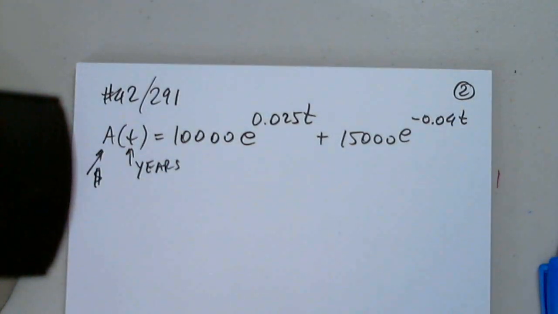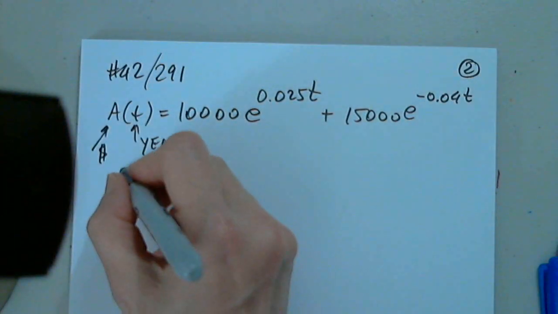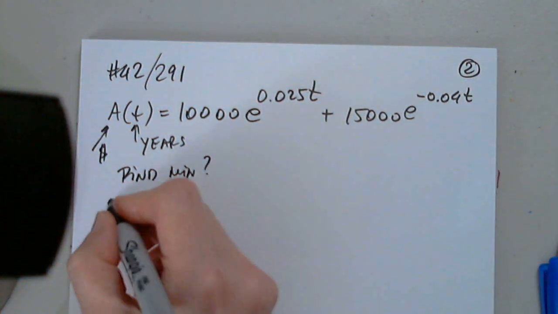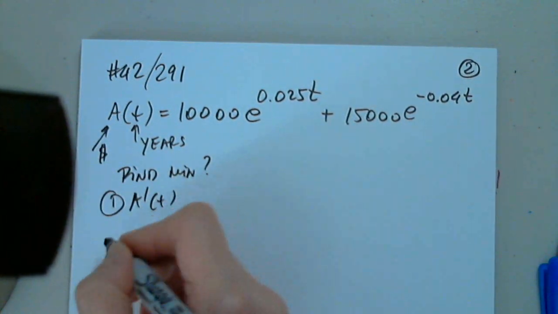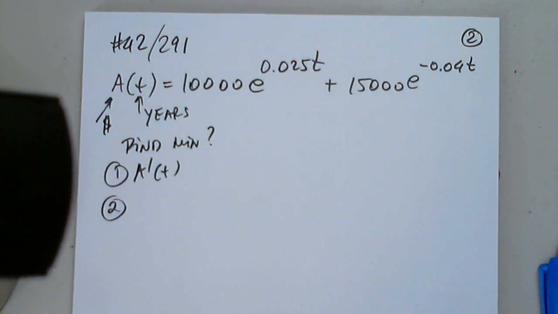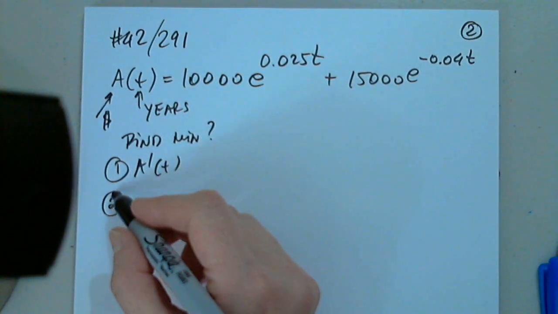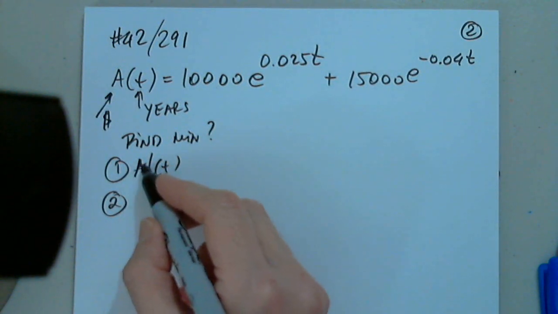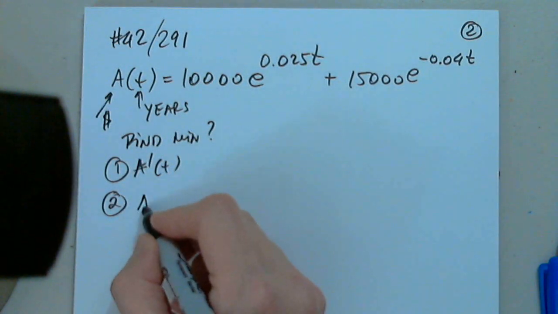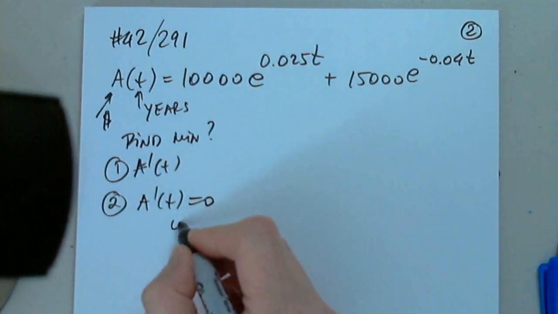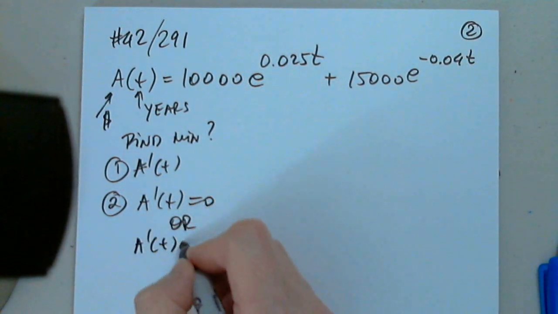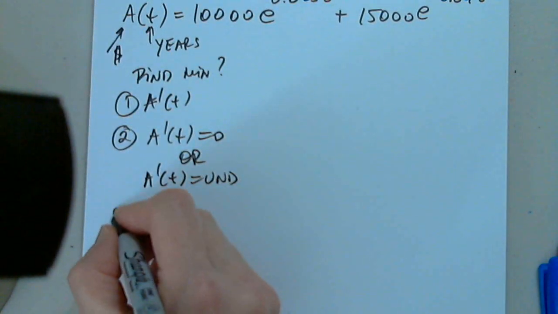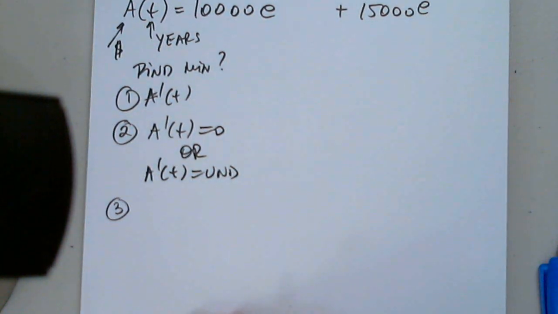Good. So what do we have to do in order to find a minimum? Find a prime of t. What will be the second step after we find a prime of t? Set a prime of t equal to 0 and undefined. Exactly, brilliant. And then, assuming we get critical numbers, what do we do with them?